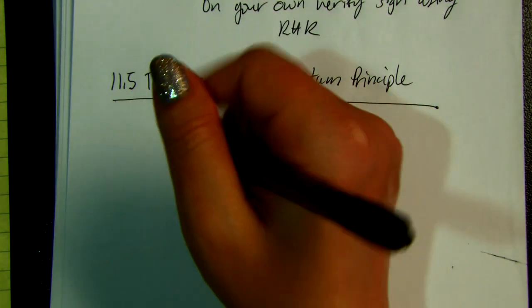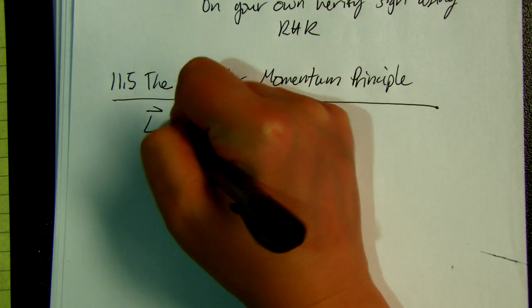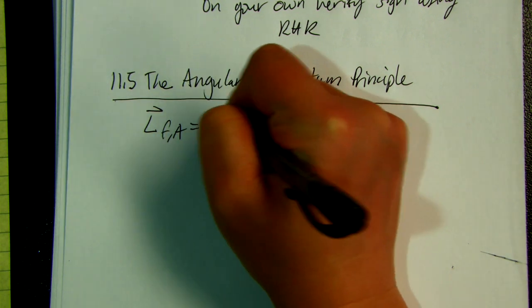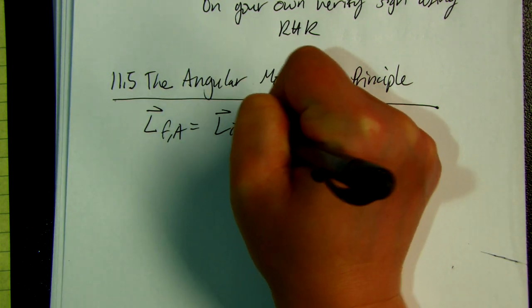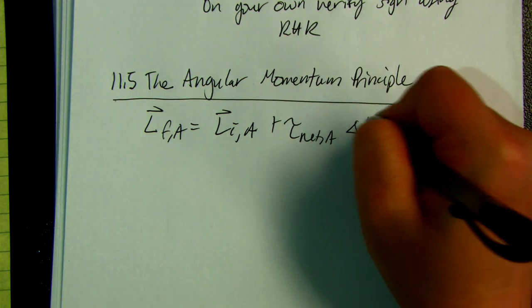Okay, so the angular momentum principle, L final with respect to A is equal to L initial with respect to A plus the net torque with respect to A times the length of time.